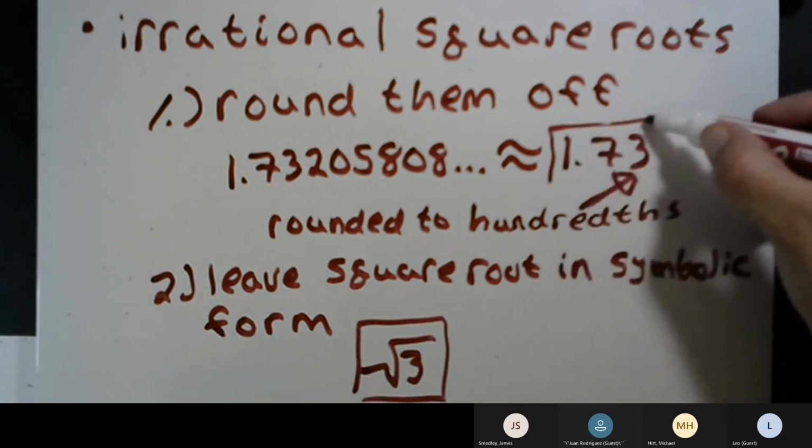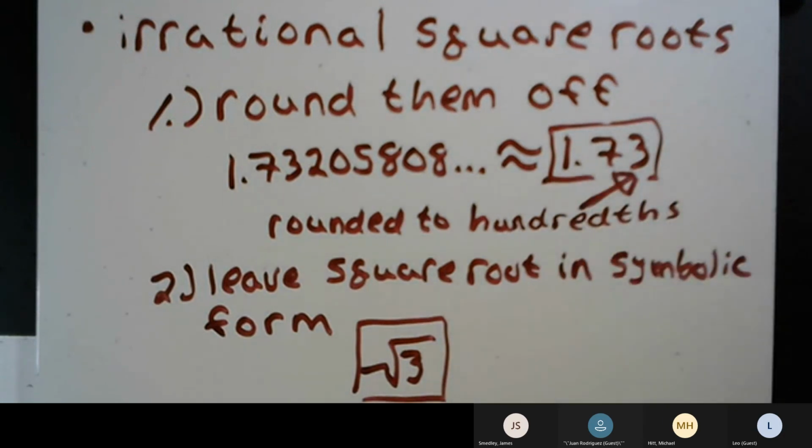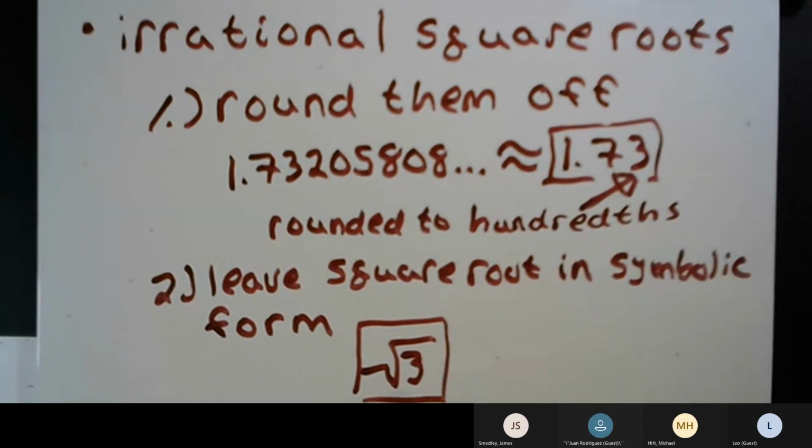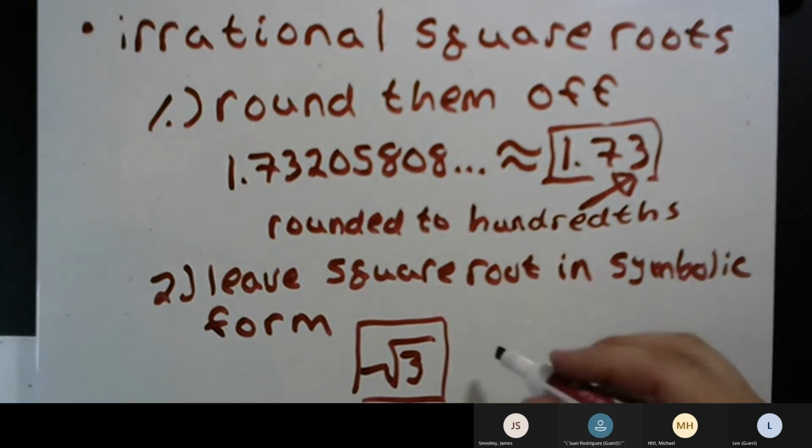If we can't come up with a square root like the square root of 25 is 5, or the square root of 16 is 4, and instead we get an irrational number, we'll just leave it like that. And one of the advantages to leaving it like this is it lets somebody else in the future decide if they want to round it off or not.